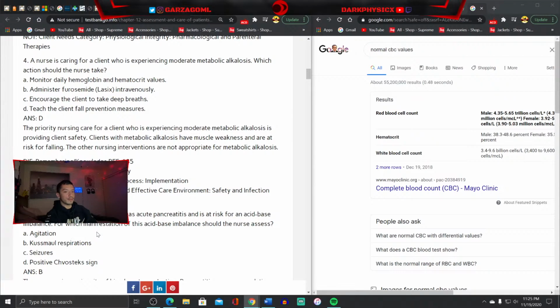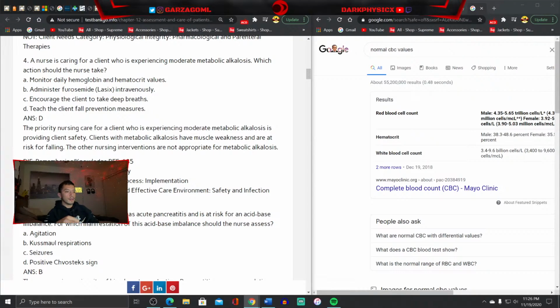Kussmaul's, it's always metabolic acidosis. Acute pancreatitis, it's at risk. With acute pancreatitis, you'd be at risk for metabolic acidosis because you have an underproduction of base.